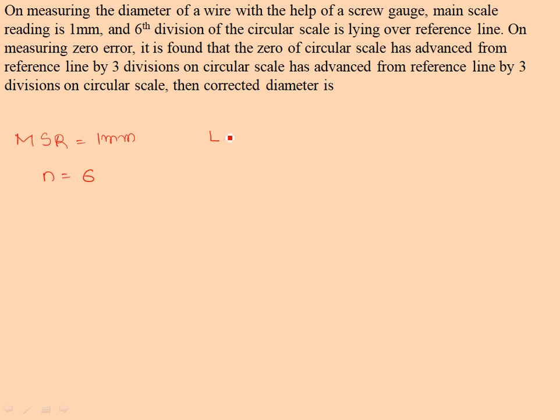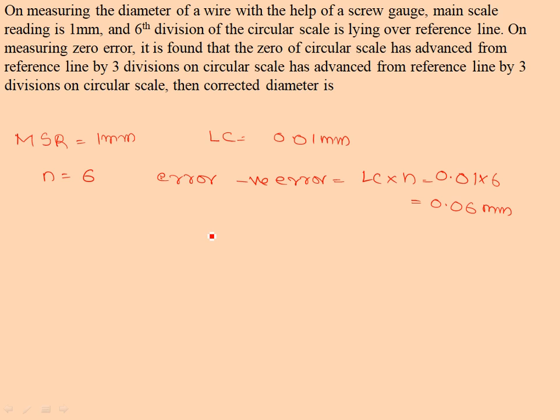If the least count is not mentioned, then you have to take the standard value, 0.01 mm. Since this is lying over, the error will be a negative error, equal to least count into number, 0.01 into 6, which is 0.06 mm. When you have a negative error, you have to make a positive correction.